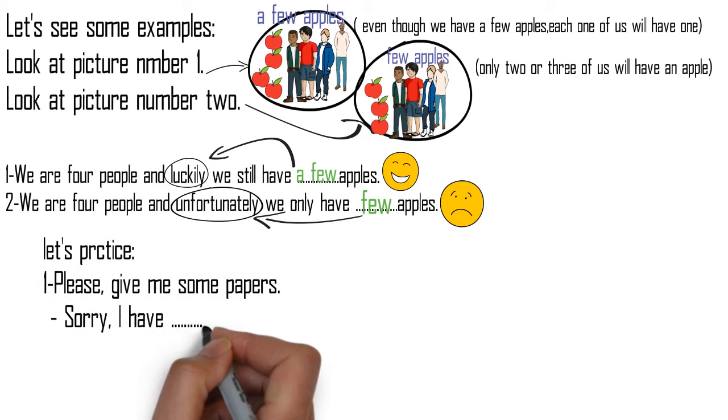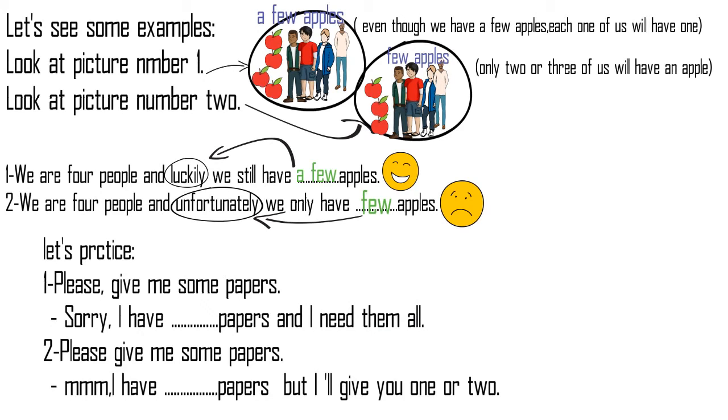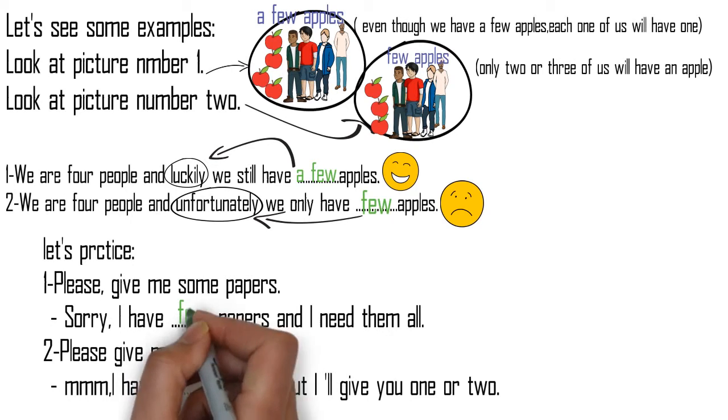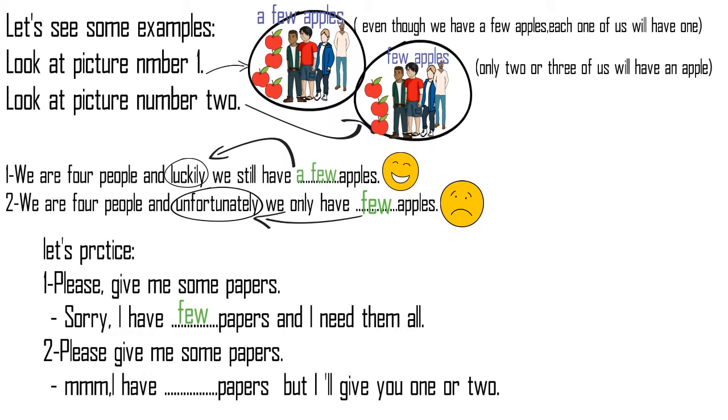Let's practice. Please give me some papers. Sorry, I have few papers and I need them all. So is it a few or few? Few. Why? Because we have sorry here and I need them all.